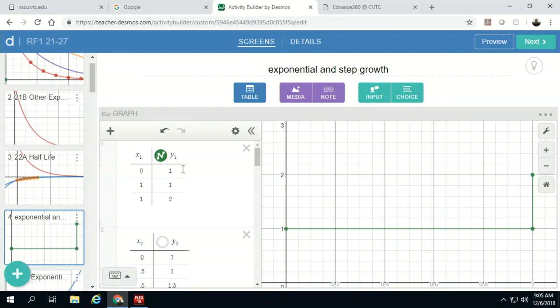Okay, so let's look at this first graph. If we start at $100 at the end of the year, or if we start at $1 at the end of the year, we double it. We now have $2. Everybody agree with that? So let's draw that first step.